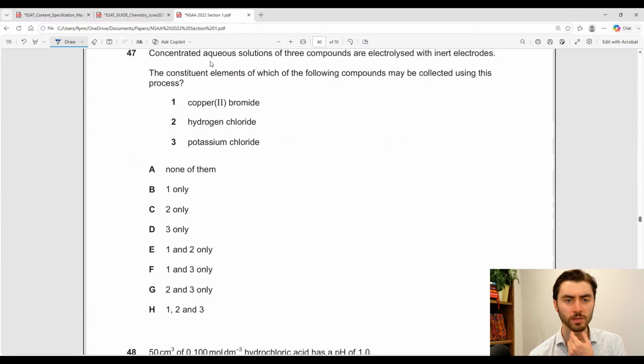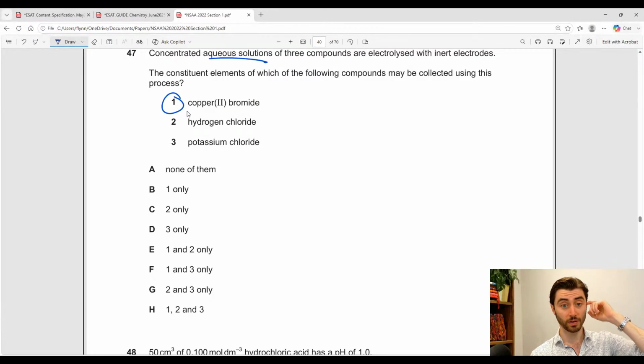Concentrated aqueous solutions of 3 compounds are electrolyzed with inert electrodes. Constituent elements of which of the following compounds may be collected? You could get the copper.